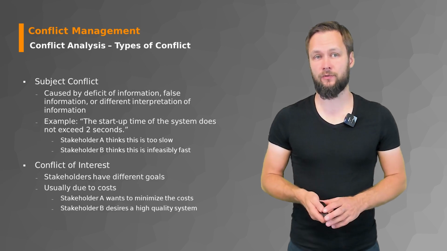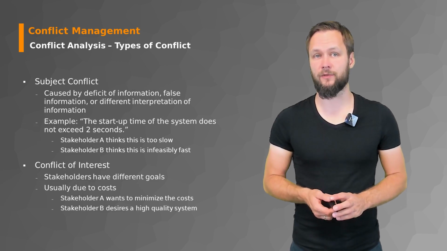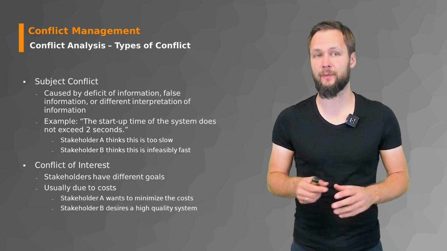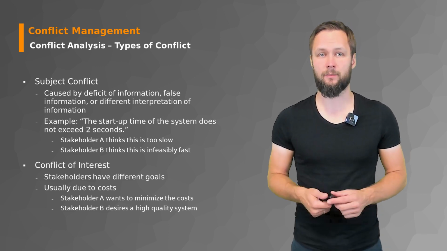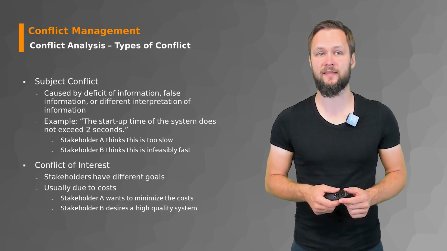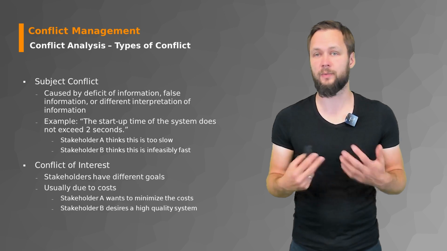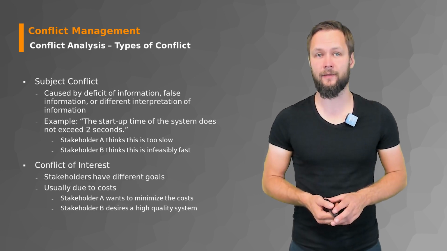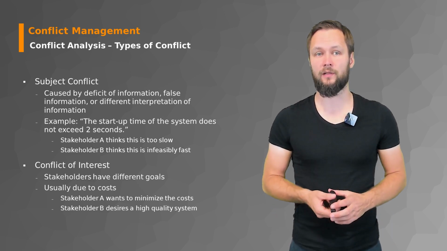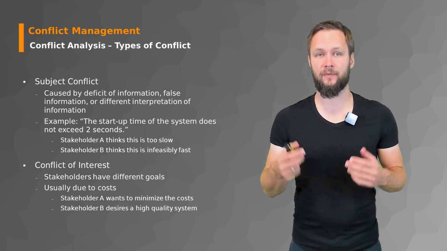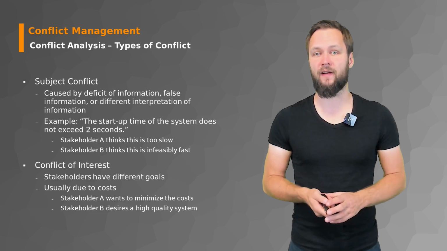The subject conflict is caused by a deficit of information, false information, or different interpretation of the same information. To give you one example, "startup time of the system does not exceed 2 seconds" could be interpreted by stakeholder A as being too slow, or if you have a tech person who could represent stakeholder B, this is infeasibly fast.